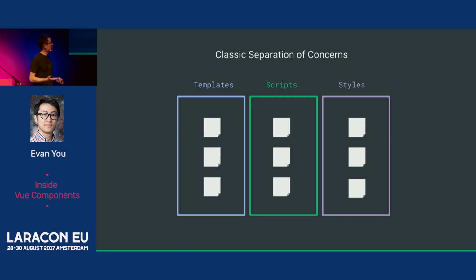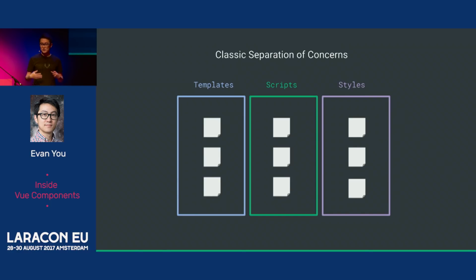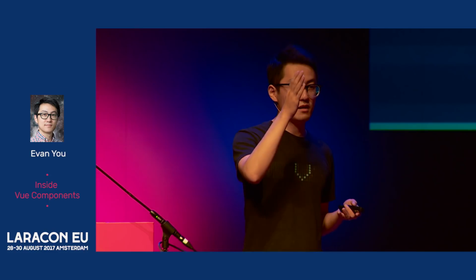In the classic separation of concerns, because we naturally evolved from this model, we still think in terms of having the HTML as the base structure. We have our styles applied on top of it, and then we have some extra JavaScript trying to manipulate parts of the page. So we divide things into templates, scripts, and styles.